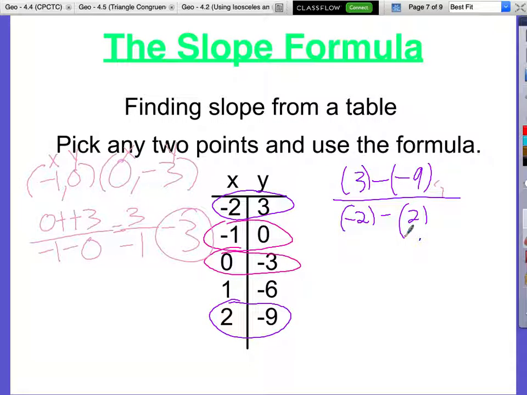Okay. So 3 minus a negative 9 ends up being a positive. 3 plus 9 is 12. Negative 2 minus 2 is negative 4. Very good. It becomes more negative. And 12 divided by negative 4 is what, Krista? Negative 3. So we end up getting the same thing. Very nice.